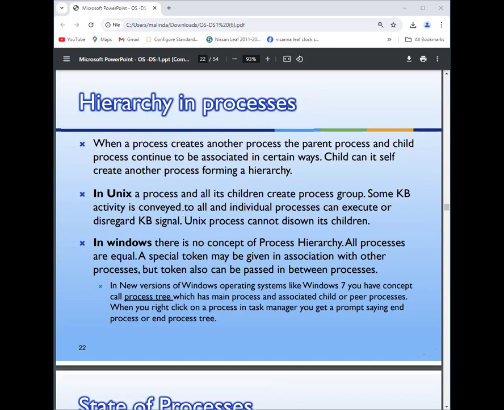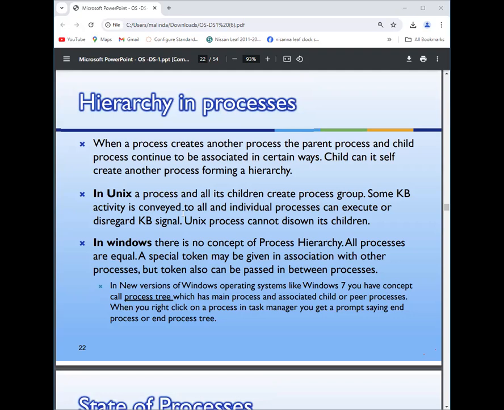But in Windows, there is no concept of process hierarchy. All processes can be equal. So even though one parent will create another process, those are still considered as two different processes.